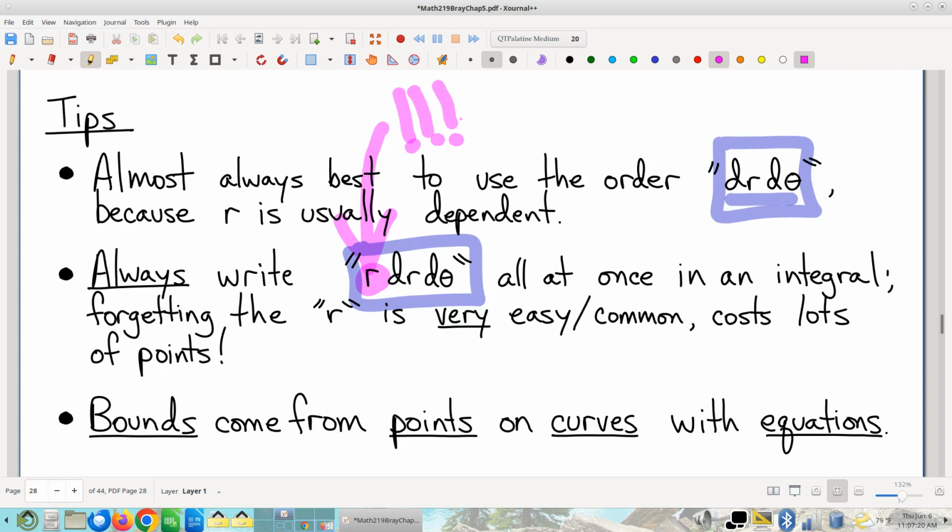So my little hack, I strongly urge you to do the same, is to just don't ever write down dr d theta by themselves. You'll never need dr d theta by themselves, right? So rather always write down this whole thing, r dr d theta, all together, all at once. If you always write r dr d theta together all at once, you'll never forget the r.